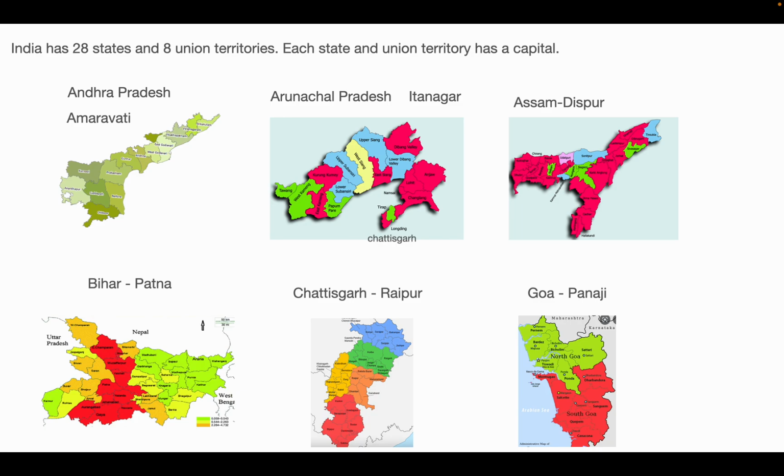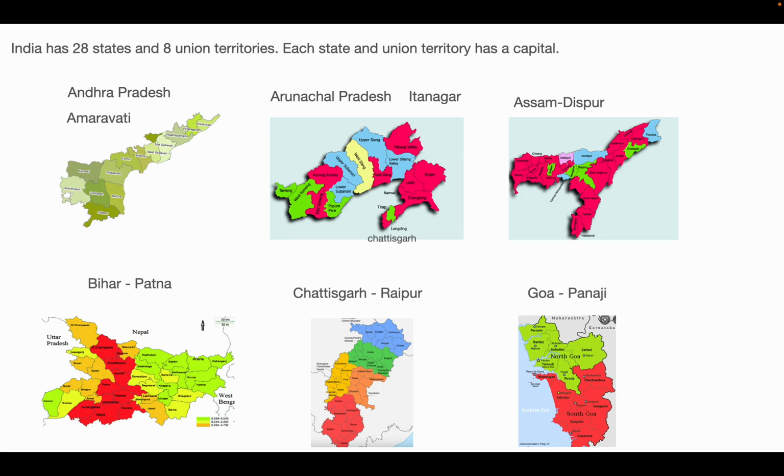So Andhra Pradesh has the capital Amaravati. The second is Arunachal Pradesh with the capital Itanagar, and third is Assam with its capital Dispur. Bihar's capital is Patna, and Chhattisgarh's capital is Raipur.